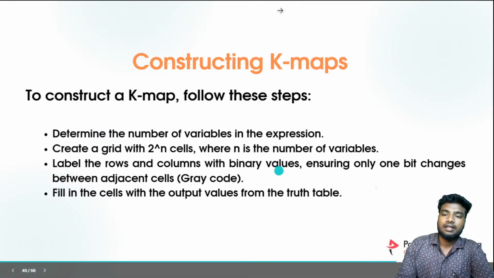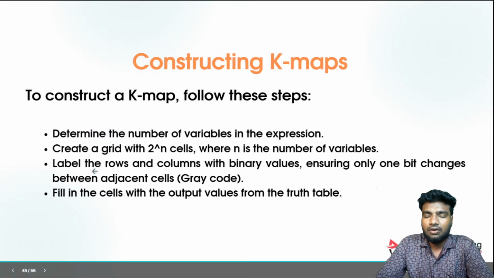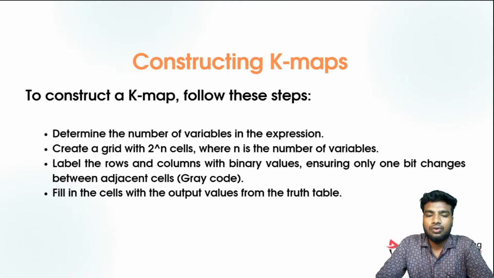For creating K-maps, you have to follow the rule of 2 power n. If you have two variables, you have to draw two rows and two columns. If you have three variables, that is 2 power 3, which is 8, so it has 8 min terms.